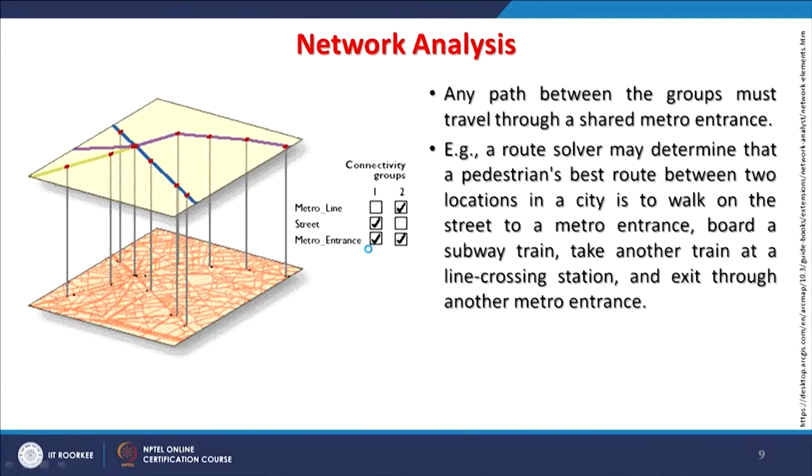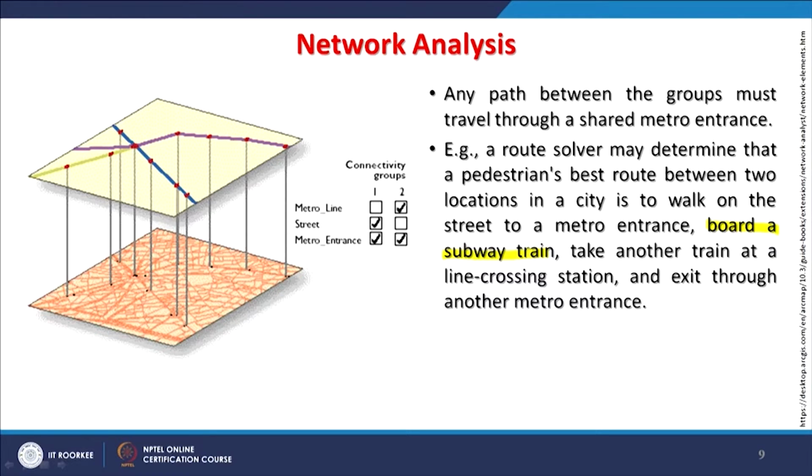So, for example, a route solver may determine that a pedestrian's best route between two locations in a city is to walk on the street to a metro entrance, ride the subway, take another train at line crossing stations, and exit through another metro entrance.